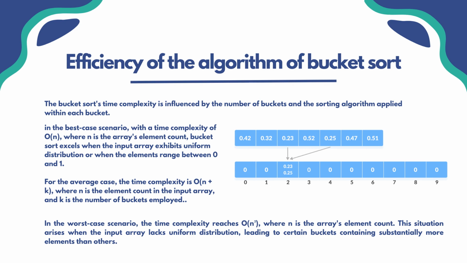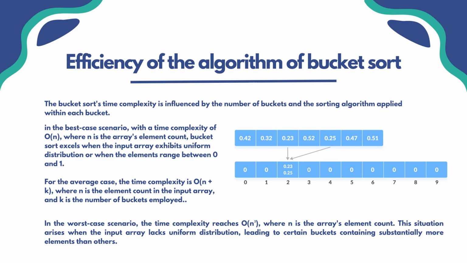For the efficiency of the algorithm, bucket sort's time complexity is influenced by the number of buckets and the sorting algorithm applied within each bucket. In the best case scenario, with a time complexity of big O of n, where n is the array's element count, bucket sort excels when the input array exhibits uniform distribution or when the elements range between 0 and 1.